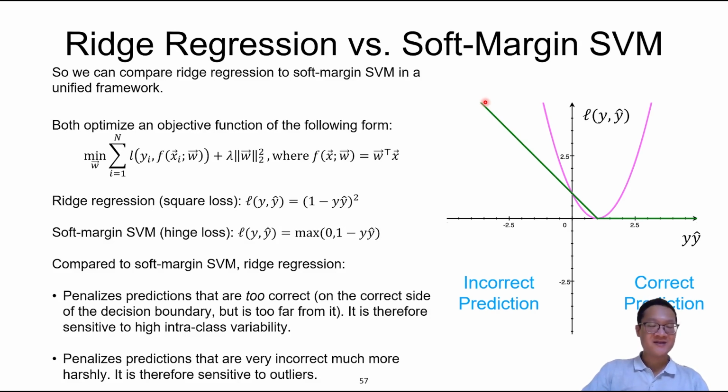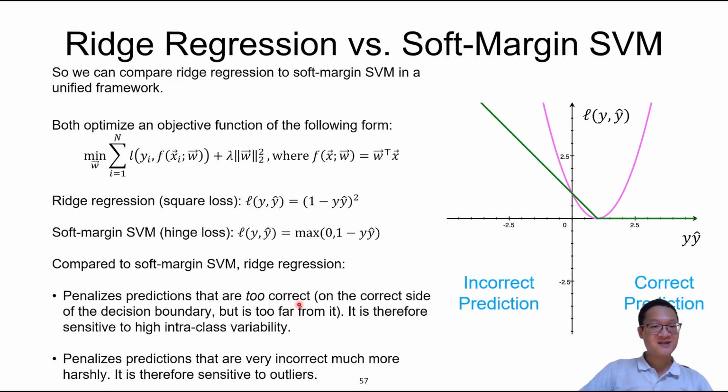Okay, so we can summarize a little bit over here, right? So we can directly compare ridge regression to soft margin SVM, and the only difference is going to be this L function that we sum over every data point. We plotted the two loss functions here, and our conclusion was that ridge regression penalizes predictions that are too correct.